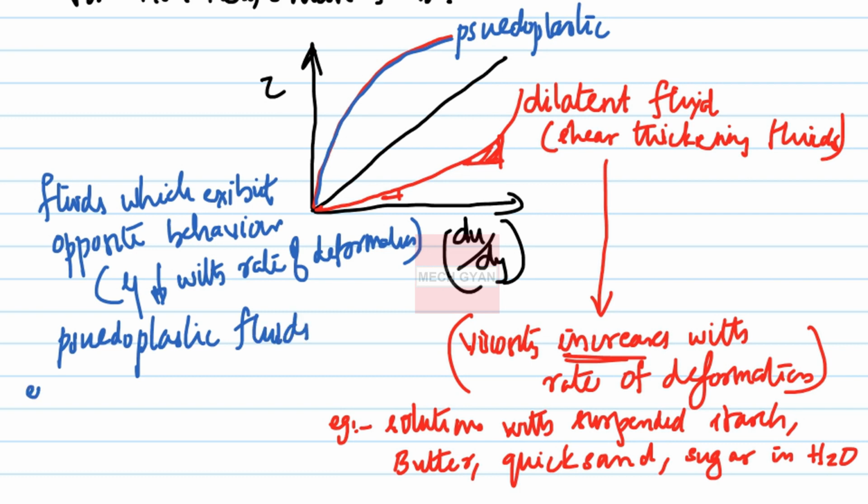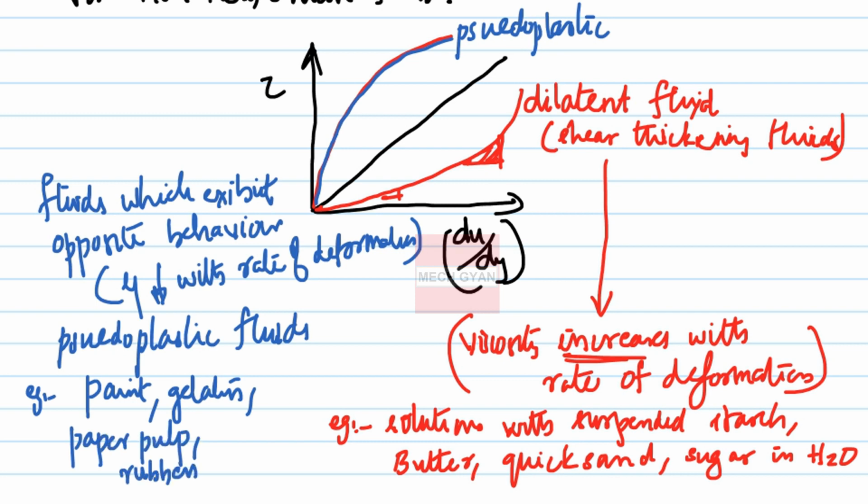Examples are paint, gelatin, paper pulp, rubber solution, etc.